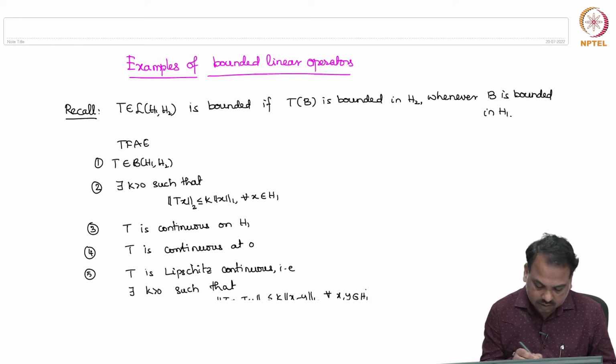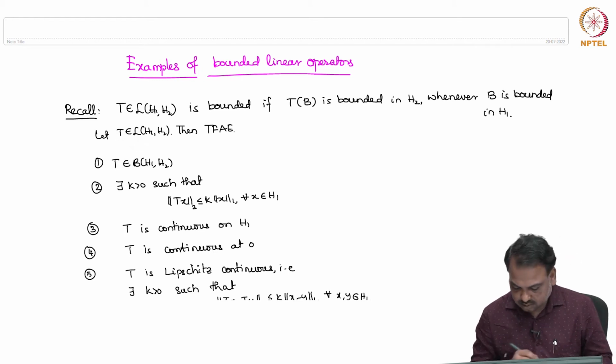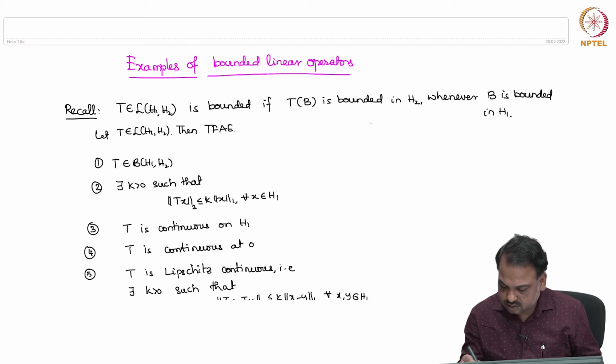So, if we start with a linear transformation, then the following are equivalent. This is one of the important results.